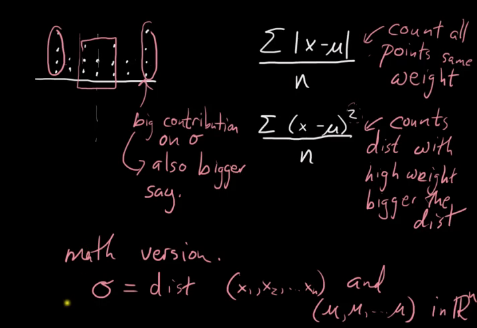So I'll make another video that walks through this version, but if you just want to go intuitive and don't want to think about, like, 27-dimensional space and stuff like that, that's really all the standard deviation is. You're averaging how far you are from the mean, and you're giving more votes to the points that are further from the mean.